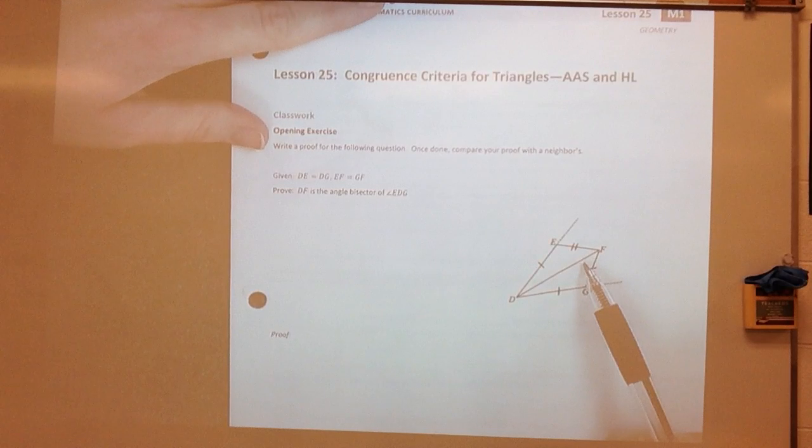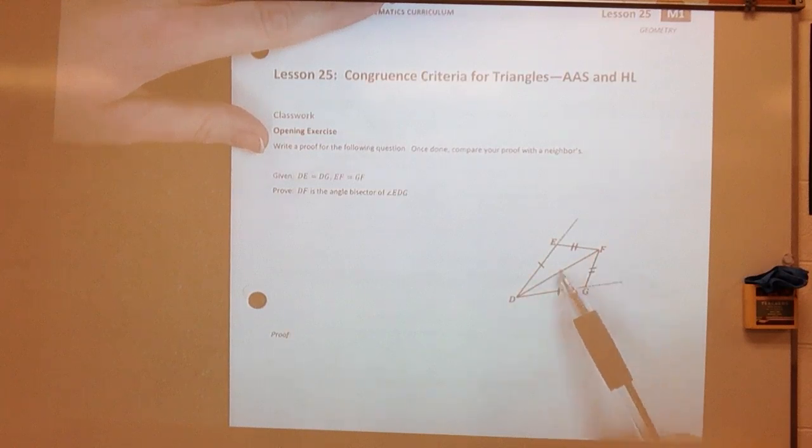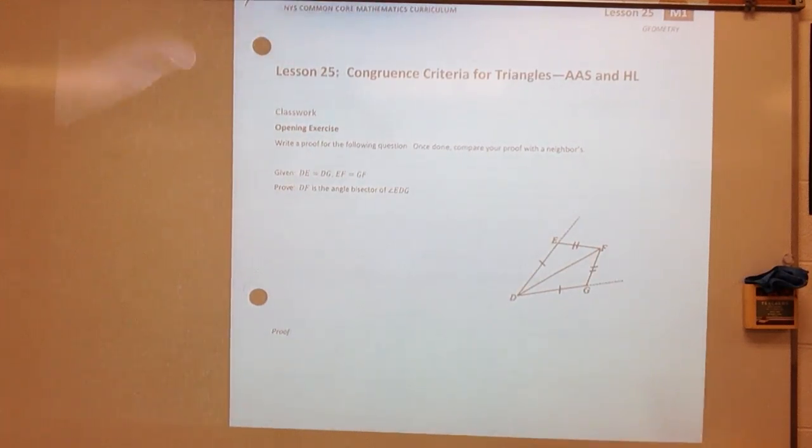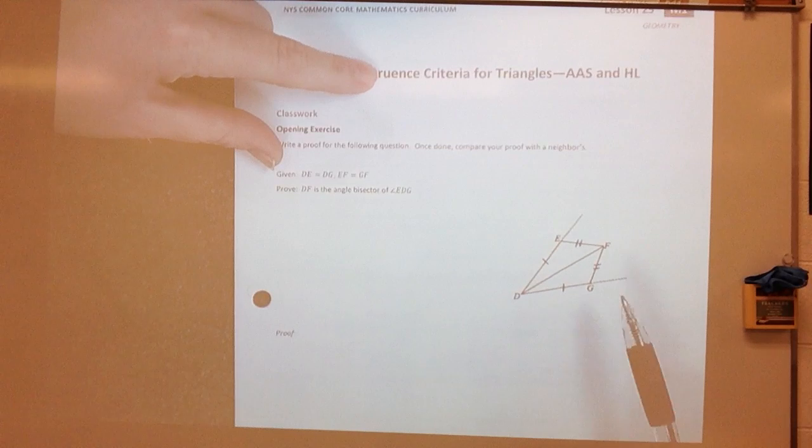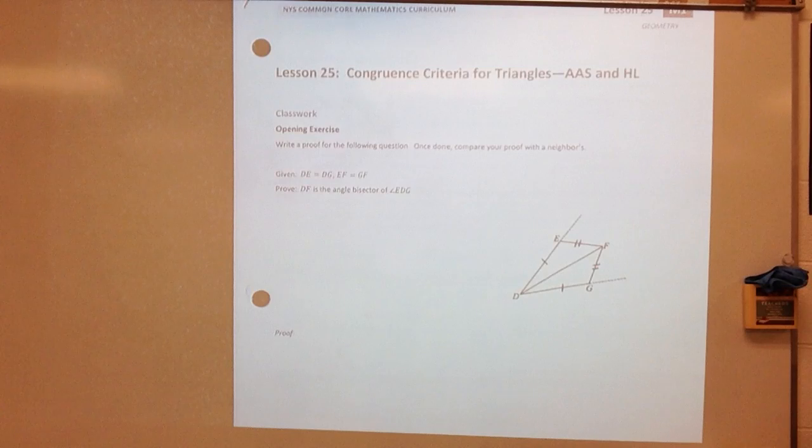So they want us to prove that this segment here is the angle bisector. Remember, that means it divides our angle EDG into two equal parts. So they want us to prove that these two parts are equal.